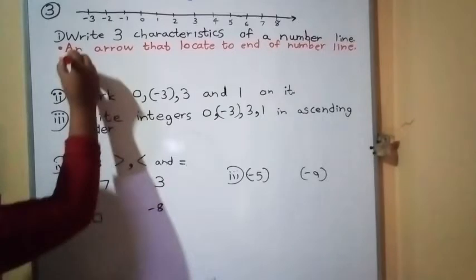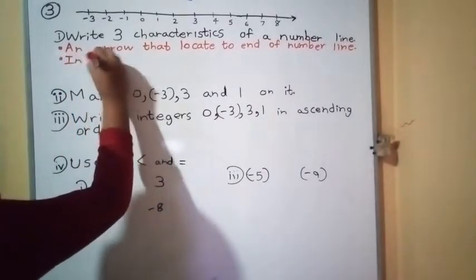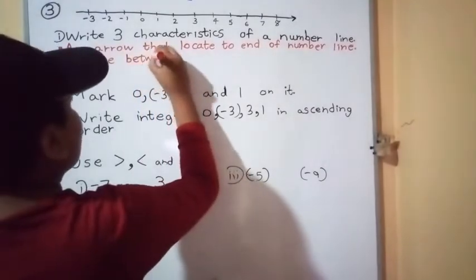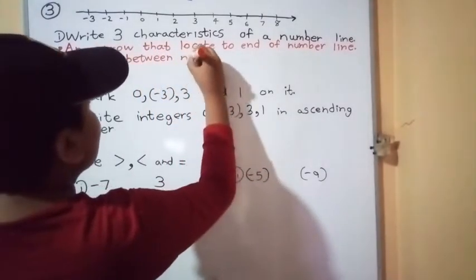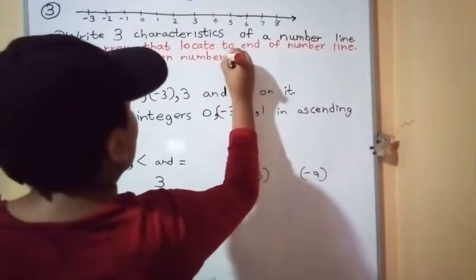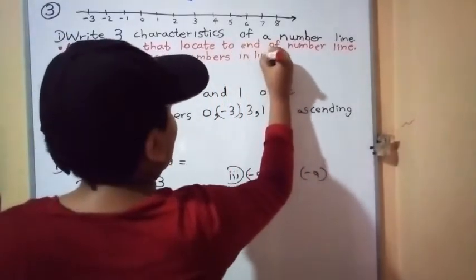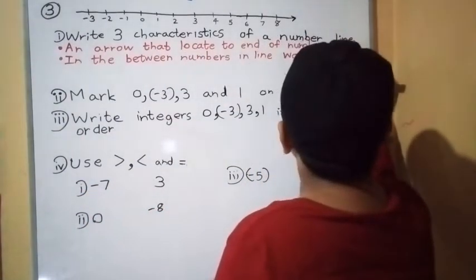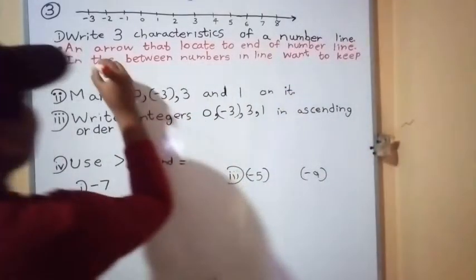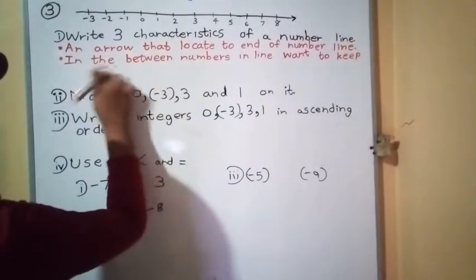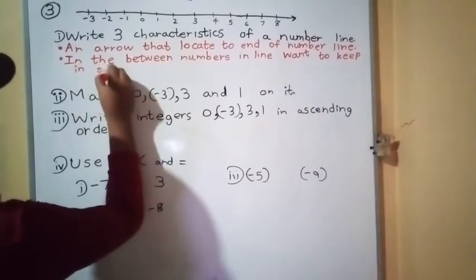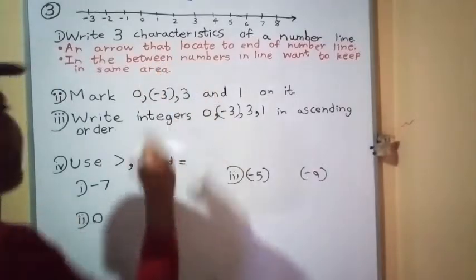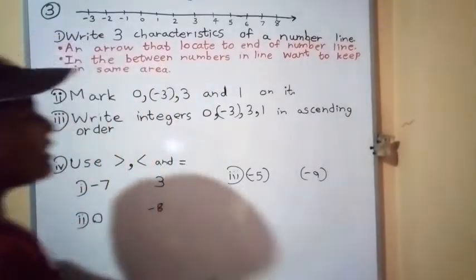Second one, the numbers between in the line want to keep in the same area. I write the 3 characteristics on the board and next I explain that.